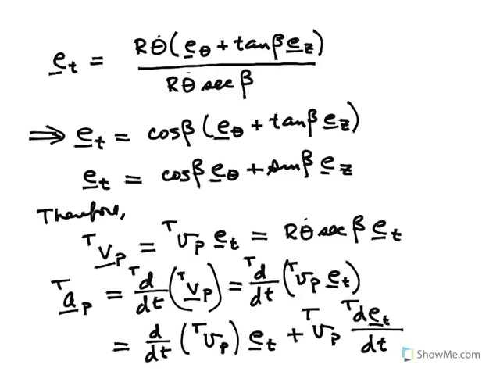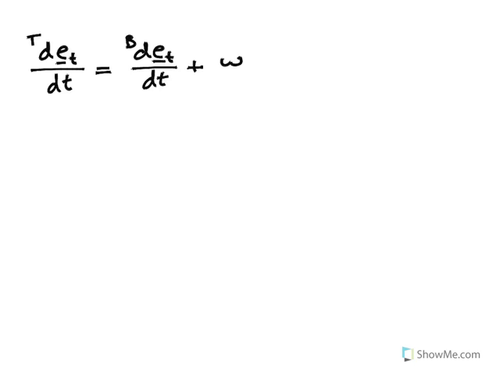But now let's look at the tangent vector. The tangent vector is expressed in coordinates that are fixed in reference frame B. So therefore, we have to apply the transport theorem to obtain the rate of change of the tangent vector in the track. This is equal to the rate of change of the tangent vector in B plus the angular velocity of B in T crossed with the tangent vector.